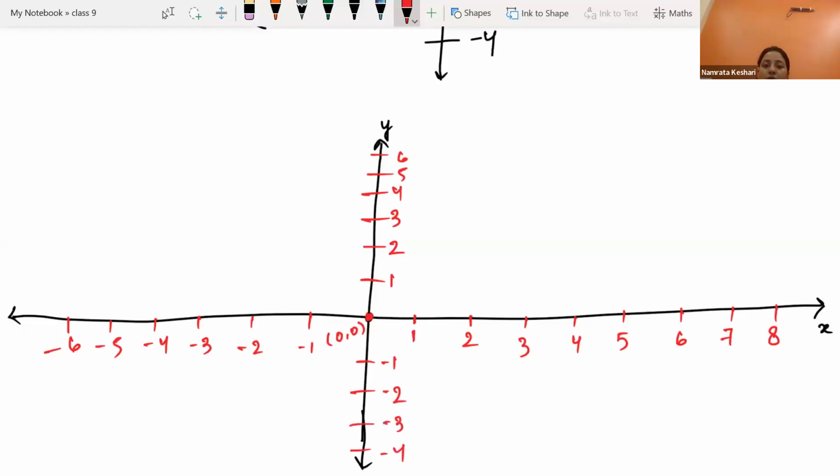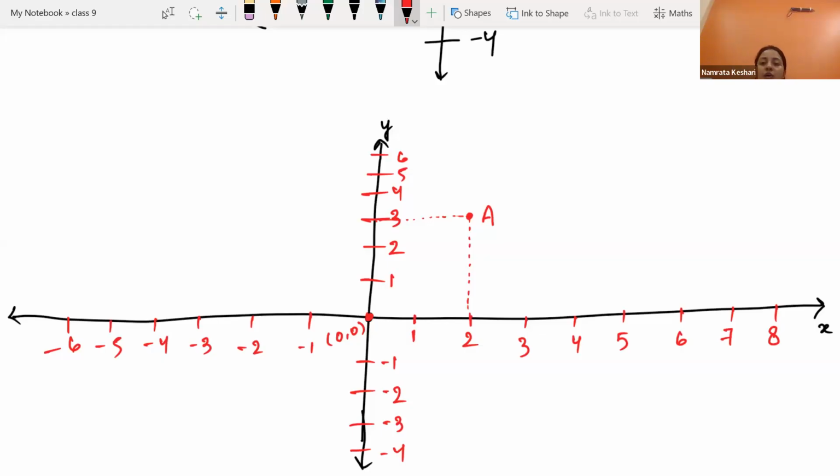Now you are going to tell me the coordinate of point A. I will help you draw the straight line on the x-axis and y-axis. Today I'm making it for you, but next time when you have a question in your question paper or book or anywhere, you have to draw this dotted straight line by yourself.